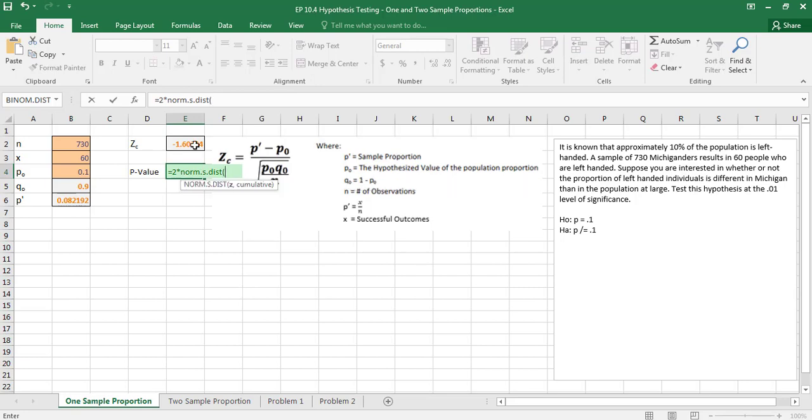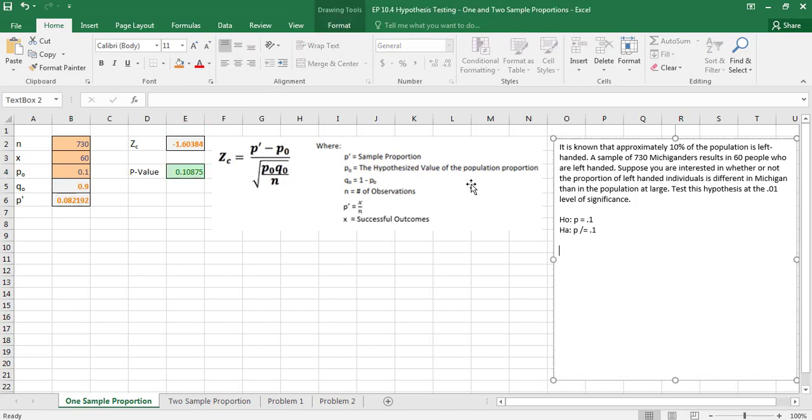And then click on the z-score, comma, and enter true for the cumulative distribution. Now if the z-score was positive in a two-tailed test, then we would have to take 2 times 1 minus norm.s.dist, meaning 2 times the right tail probability. But in our case we had a negative z-score, so we can just take 2 times this function here.